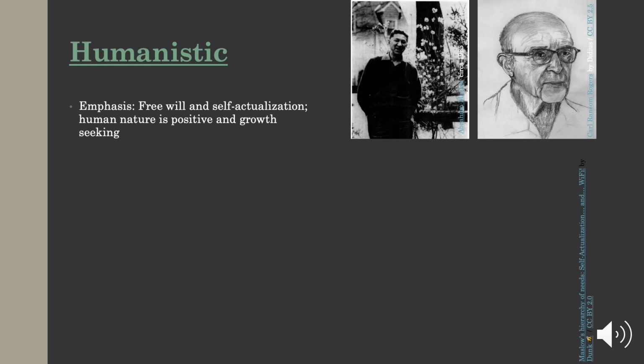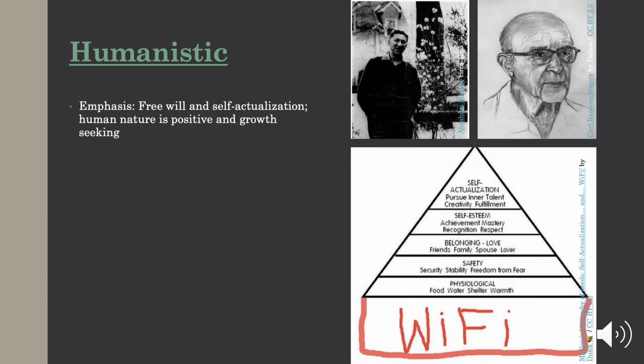Humanists emphasized free will. In the 1960s, people like Abraham Maslow and Carl Rogers, both pictured at the top right, saw human nature as positive and seeking growth, or to be the best version of ourselves, which Maslow termed self-actualization.